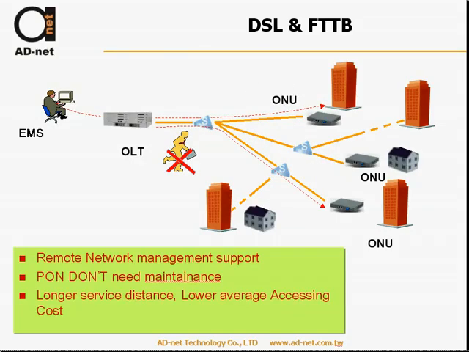So the main benefit of PON networks, the passive optical networks, is that there is one network management support for all your network, and actually passive optical networks just don't need maintenance at all. The only active equipment is the OLT.